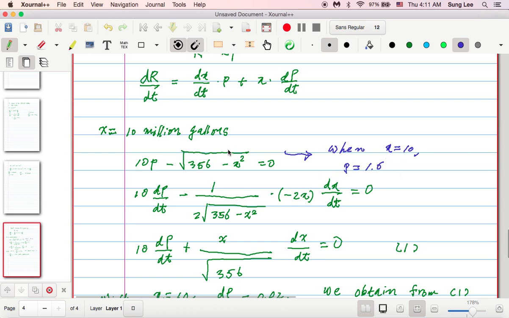So we have all the quantities required to calculate dR/dt. dx/dt we know, p is known, the x value is known, and dp/dt is known also.